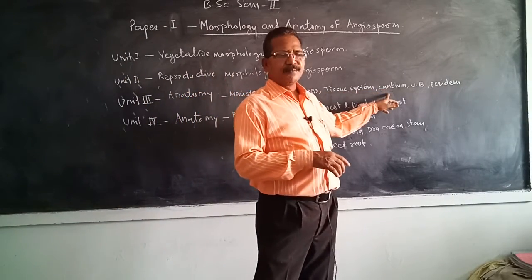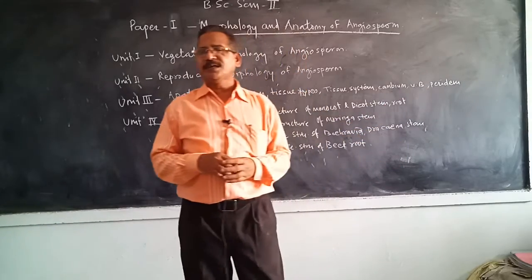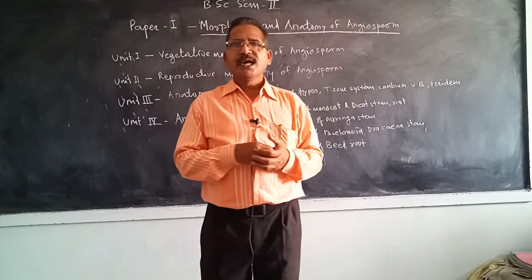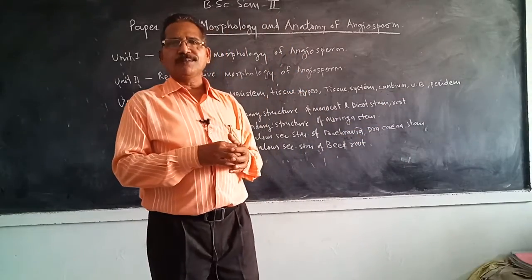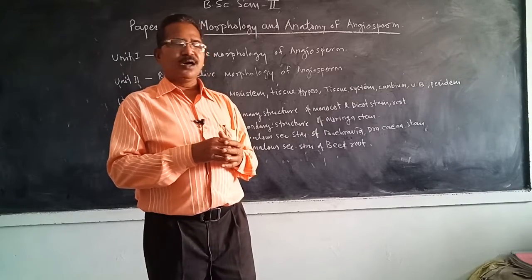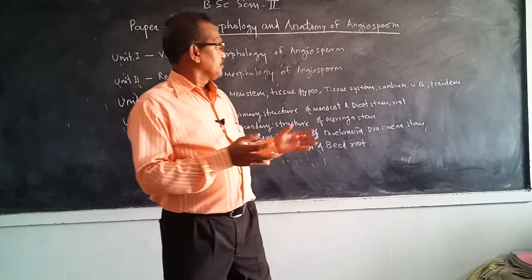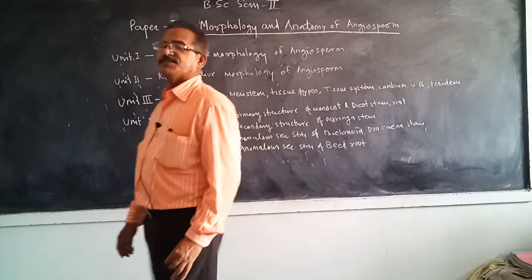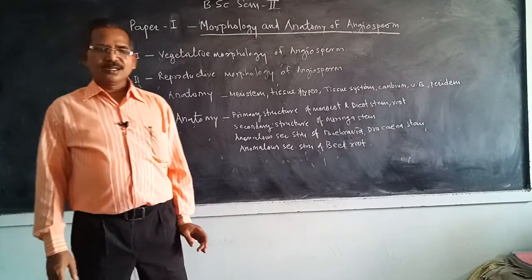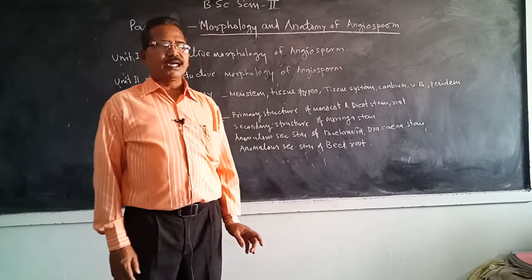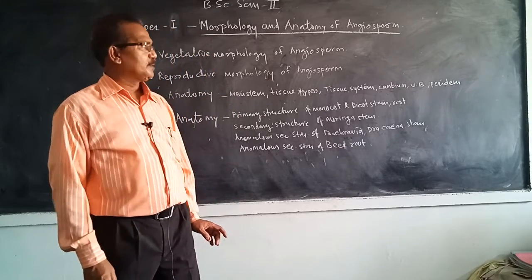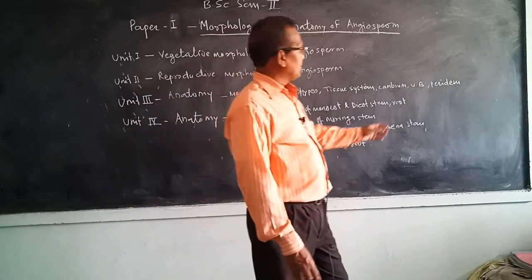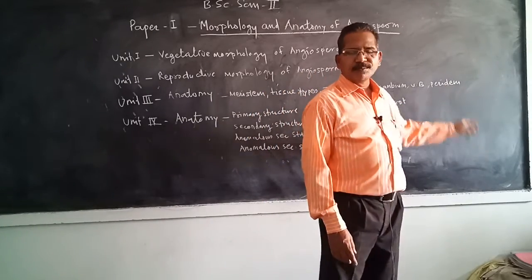Then cambium, which is responsible for the formation of new cells and in the growth of the stem, leaves or root. Then the vascular bundles, types of vascular bundle: radial type, conjoint type, concentric type of vascular bundles, are studied in types of vascular bundles. Then periderm.